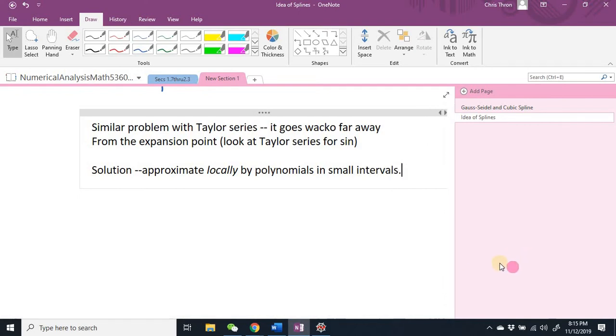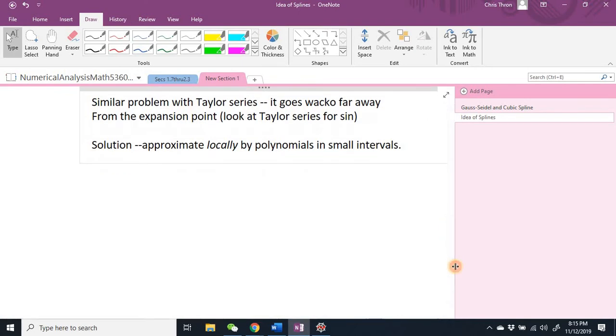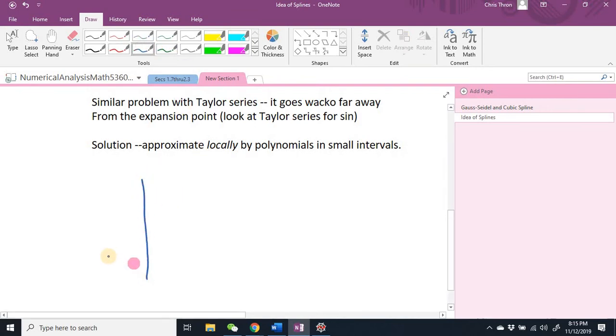Okay. So, for instance, if I have points here, here's x and here's y, and suppose I have evenly spaced points here, right, and my values are like this.